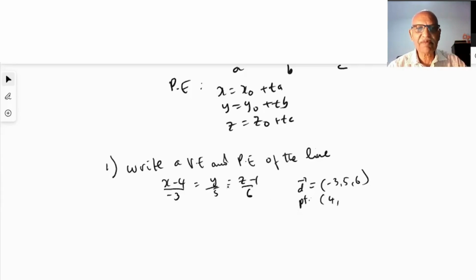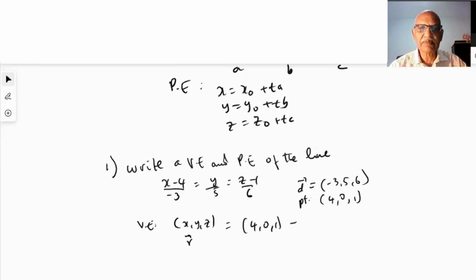I don't have any number after y, so 4, 0, 1. Therefore, the vector equation is x, y, z, or I can write r vector only, equal to the initial point 4, 0, 1 plus t times (minus 3, 5, 6).